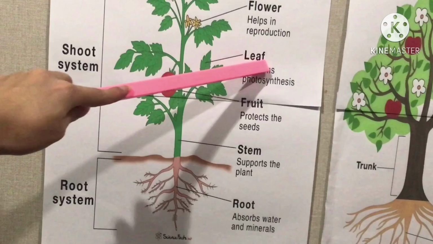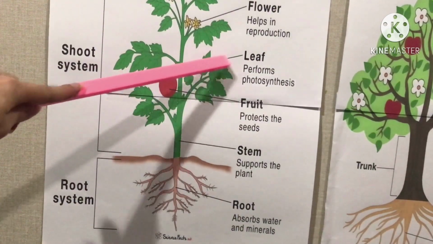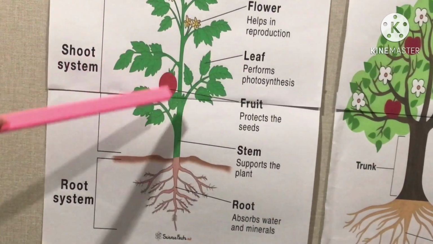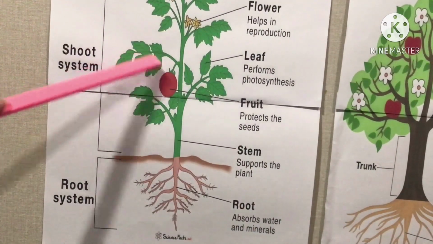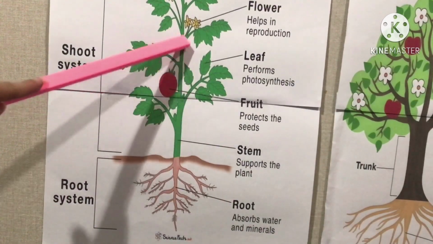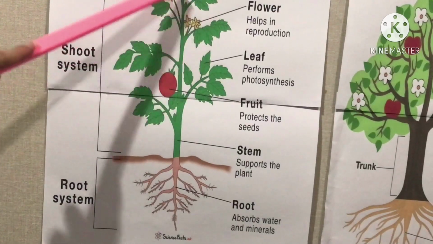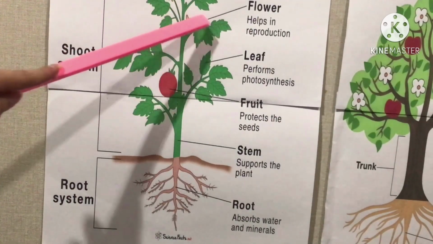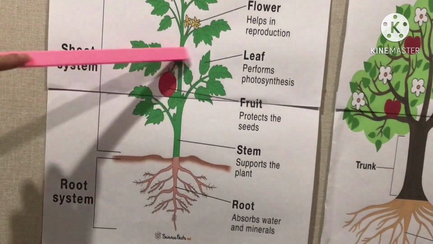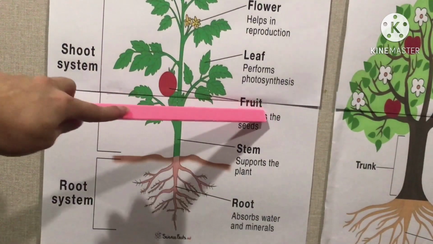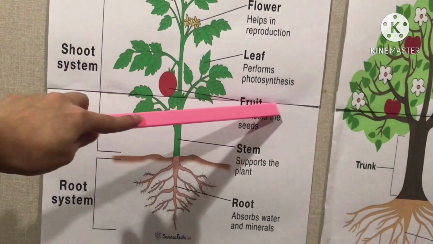If we have here leaf, that means it is only pointing to one. But if we have many, then we will say leaves. Another one is the flower. This yellow one is what we call the flowers. And lastly, we have the fruit. This is what we call the fruit.